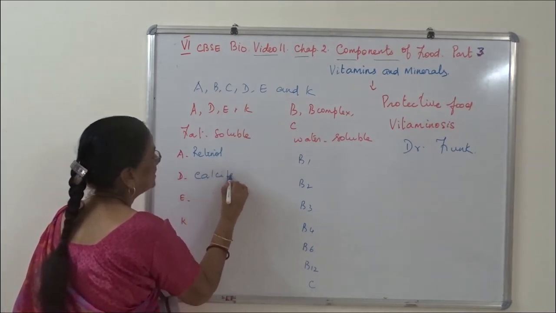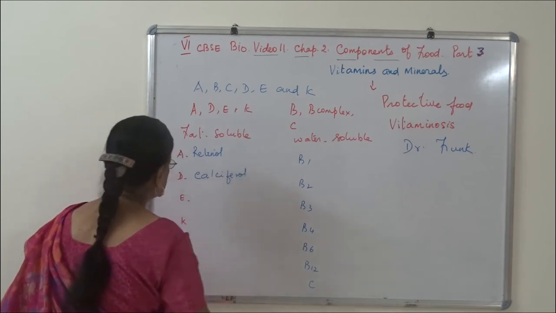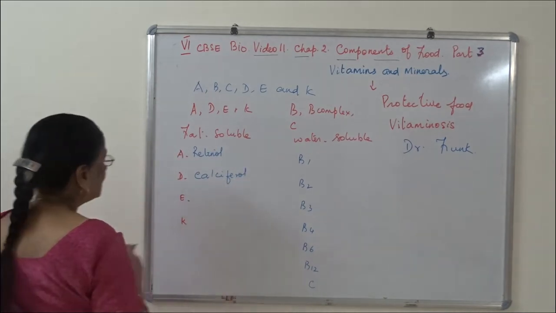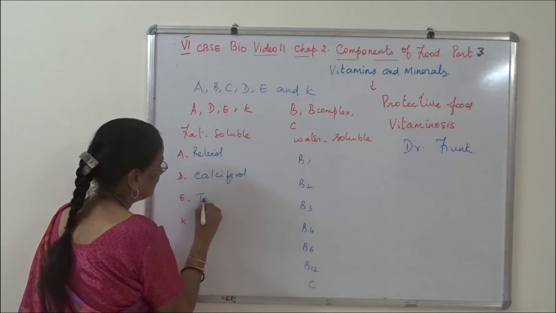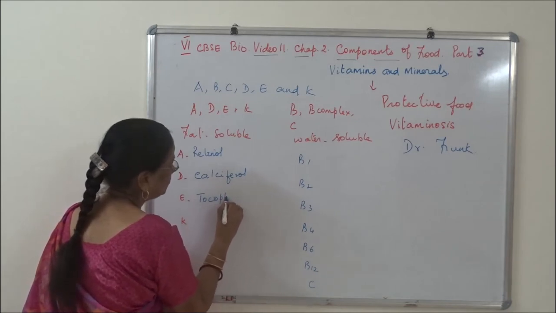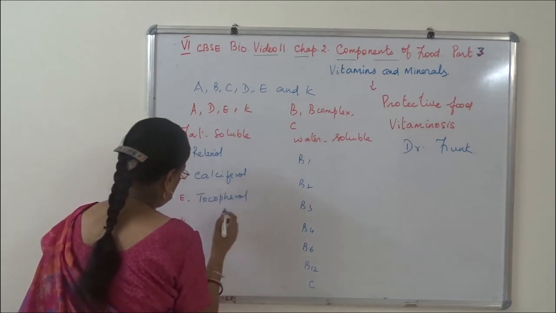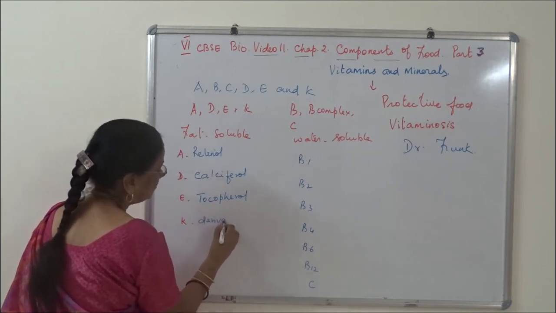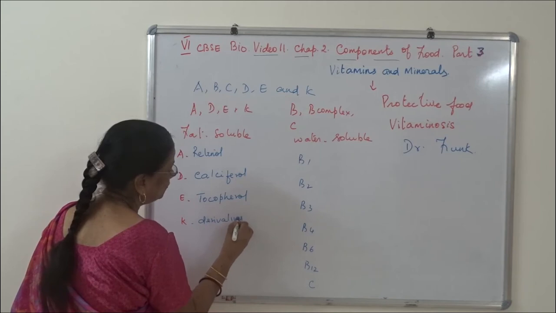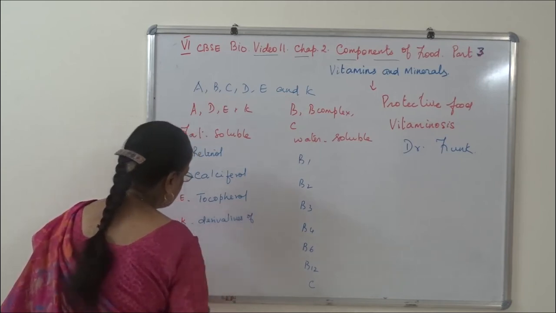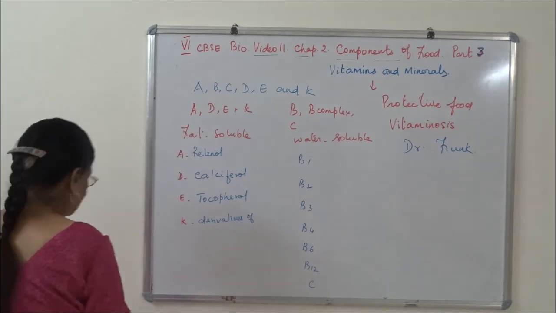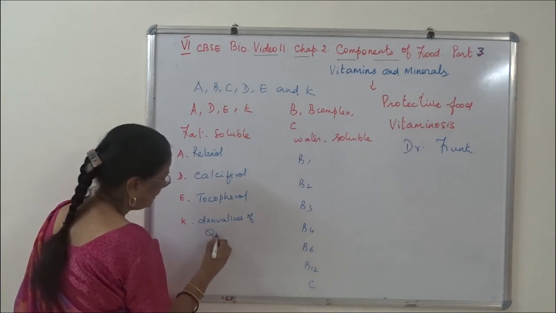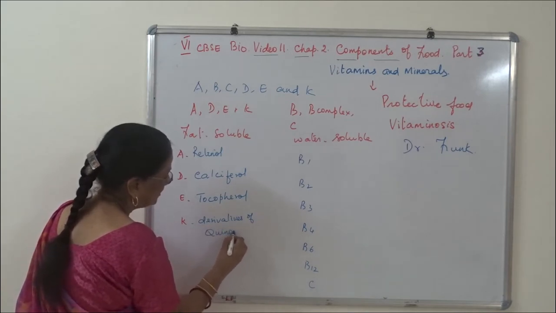Vitamin D is also known as calciferol. And vitamin E is called tocopherol. And vitamin K is a derivative of phenol, a substance.